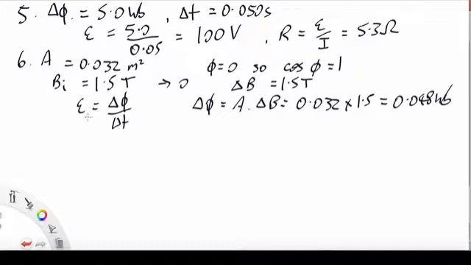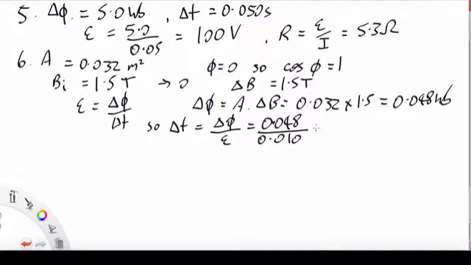So we know that E equals d phi dt, so dt must equal delta phi over E, which is 0.048 over 0.01 volts, and that gives us 4.8 seconds as the minimum time to allow that flux to die down to zero.